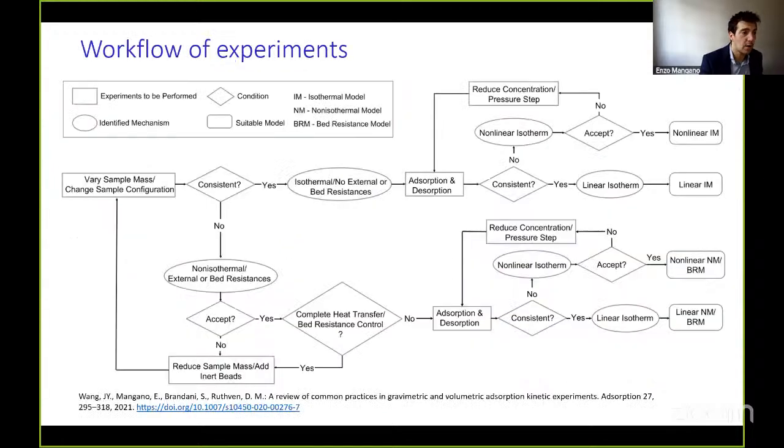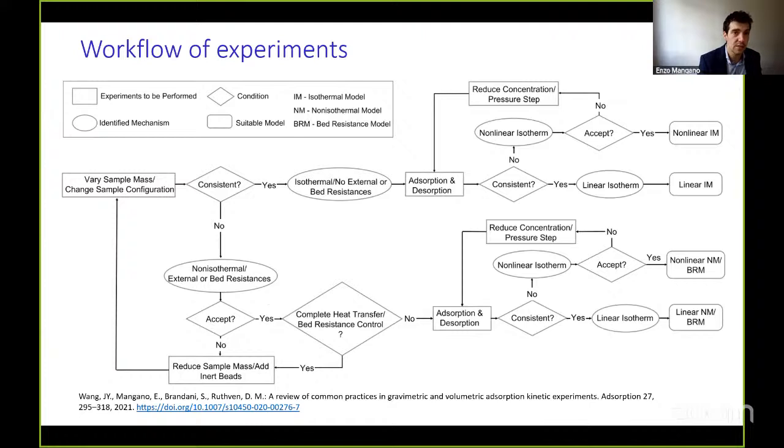We also present in our review a workflow of experiments, which I think is very useful for anybody approaching the use of volumetric and gravimetric systems for the measurement of mass transfer kinetics. There are all the checks and steps to follow: the consistency check, the adsorption-desorption step, the check for linearity across the step, for heat effects, change of configuration of the sample, and so on.